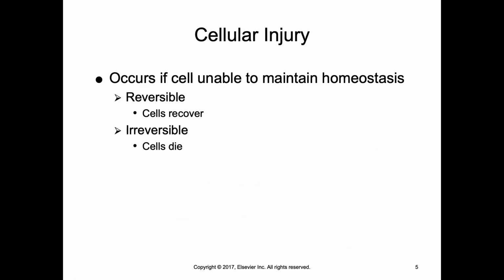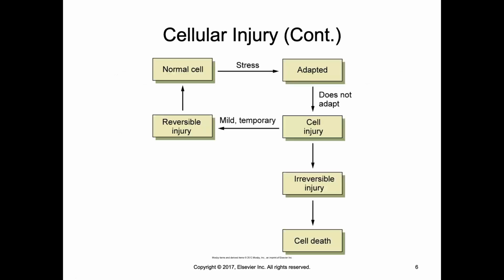Cellular injury occurs if the cell is unable to maintain homeostasis. It's reversible in some cases, so the cells can recover. It's irreversible in some cases, and the cells die. You can see here the series of steps that take place.